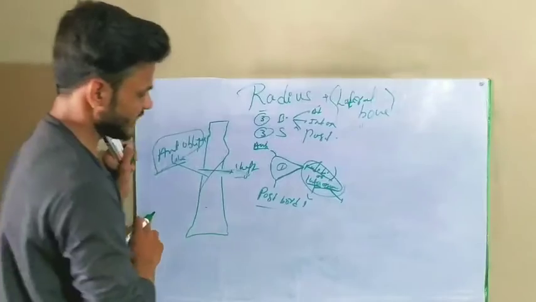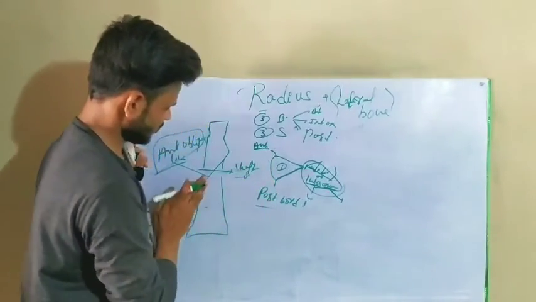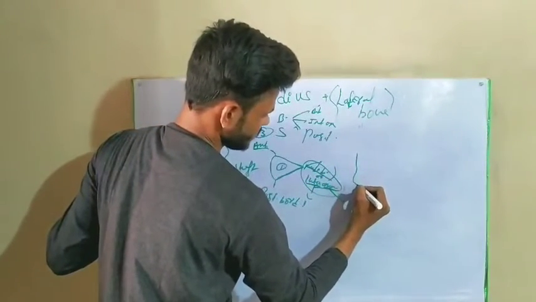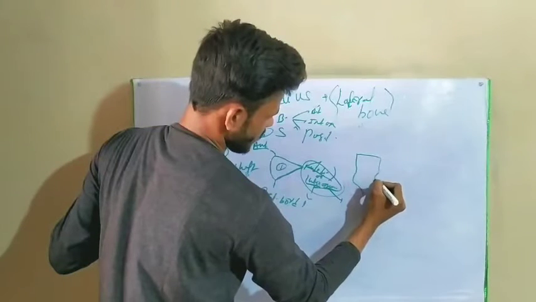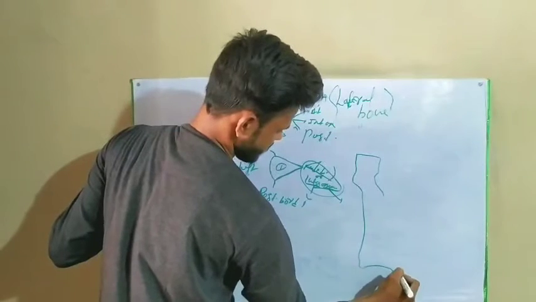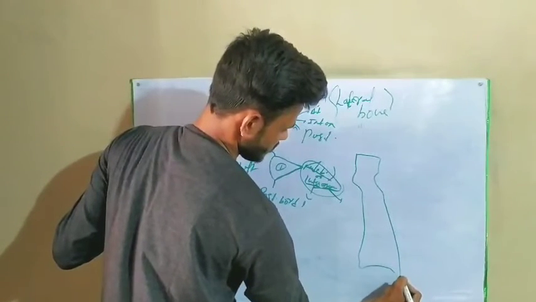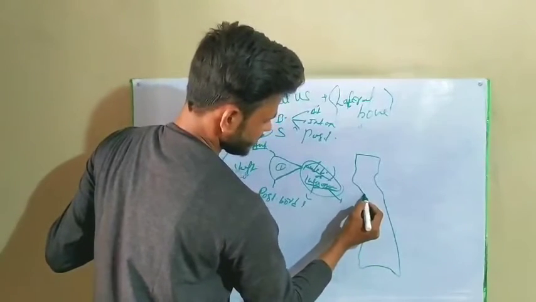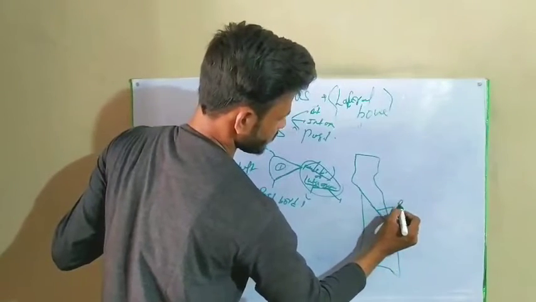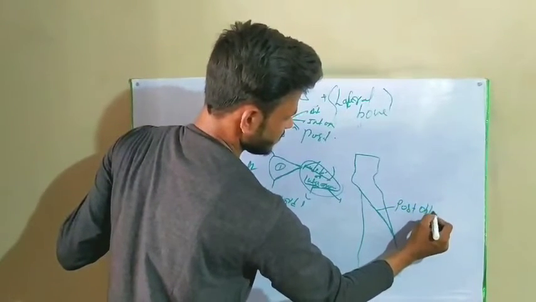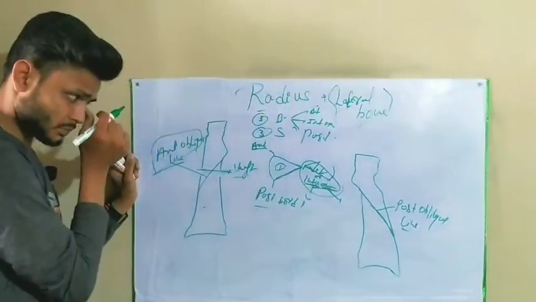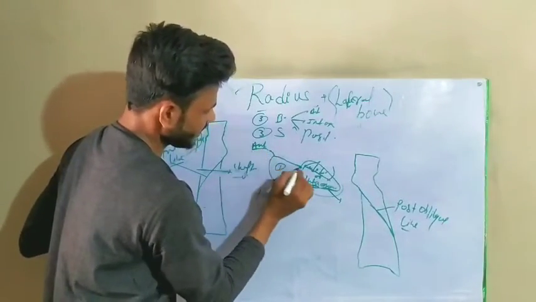On the posterior side, if we draw a diagram of the posterior view of the radius, this is the posterior oblique line or posterior border. This is the posterior border, anterior and interosseous.